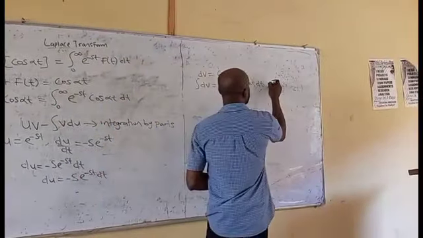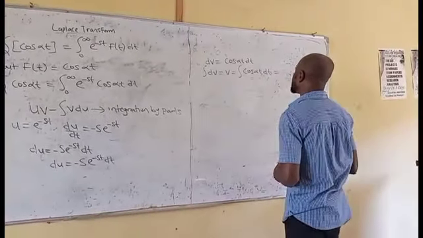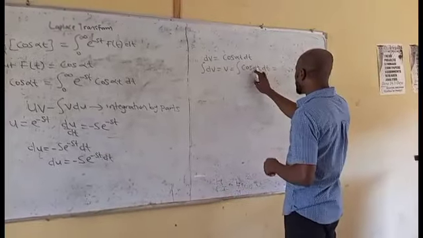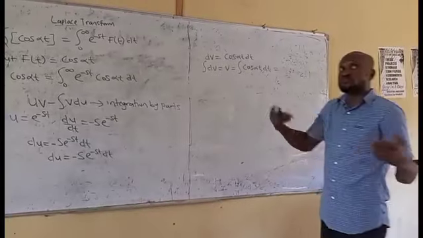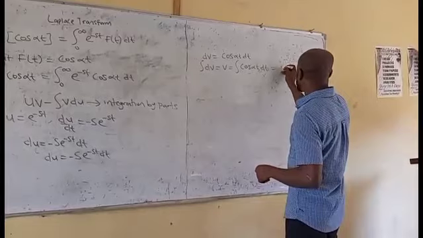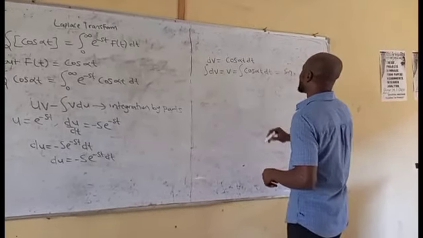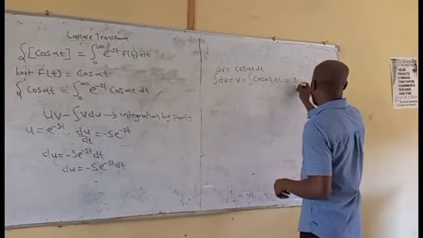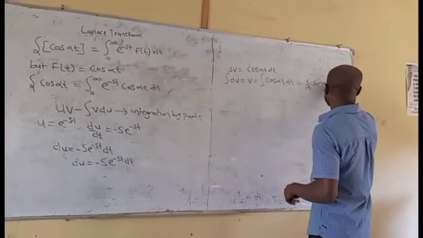Now if you integrate cos alpha t, this alpha is like a value, it will be like 1, 2, 3, a value. So you now have 1 over alpha sine alpha t.